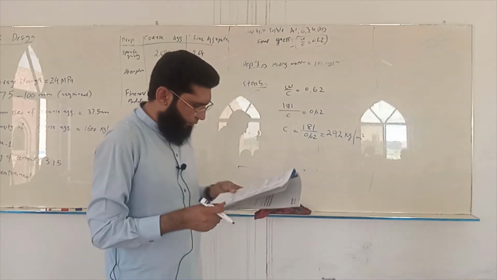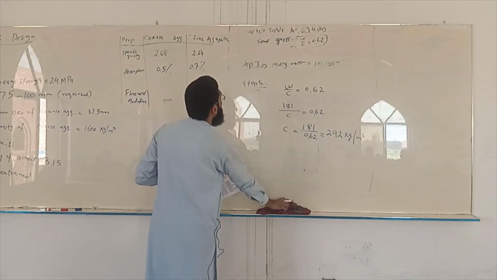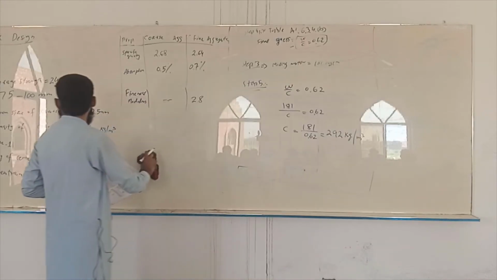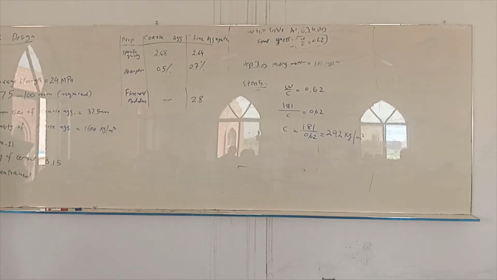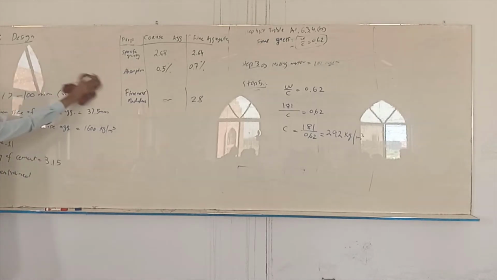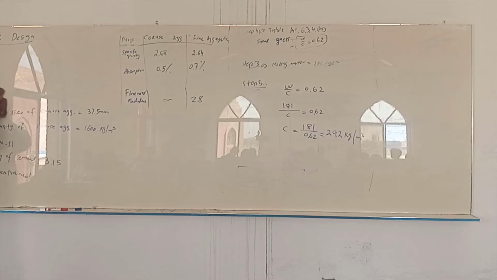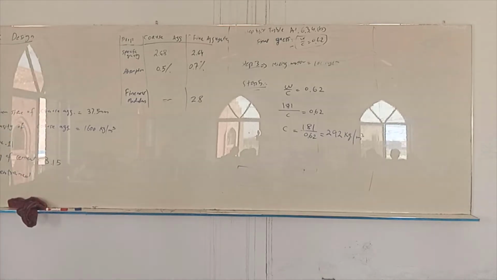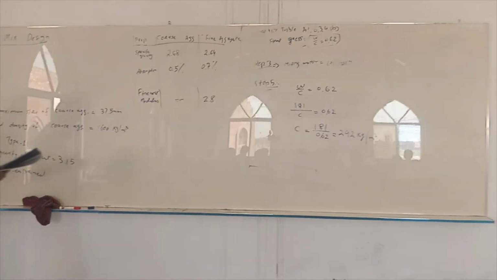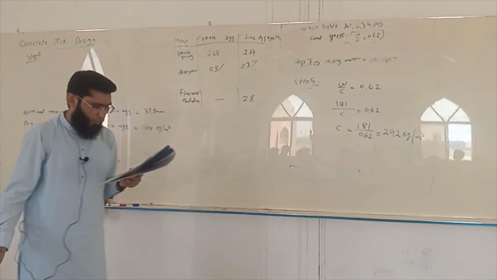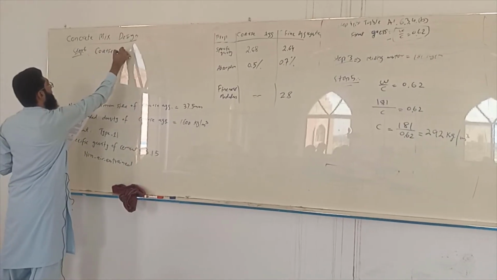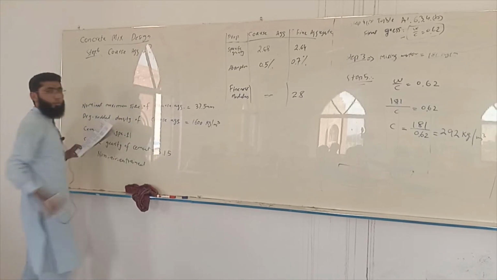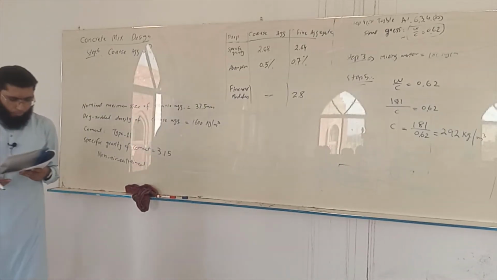Okay, so step number 6 is about deciding the coarse aggregate. So coarse aggregate. How much will be coarse aggregate?